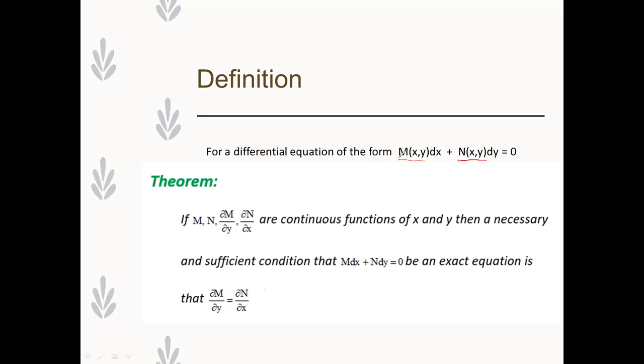So whatever are the expressions or coefficients of the differentials of x and y written in your original differential equation, you will partially differentiate them with respect to y and x for M and N respectively. Now if these two expressions are the same, then we can conclude that your first order differential equation is an exact differential equation.